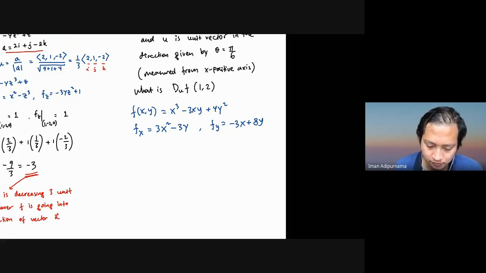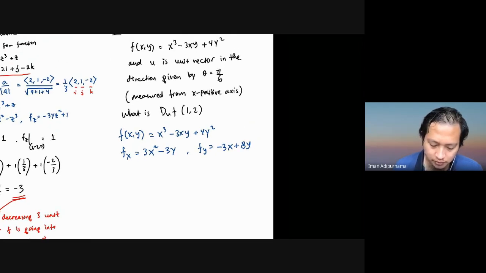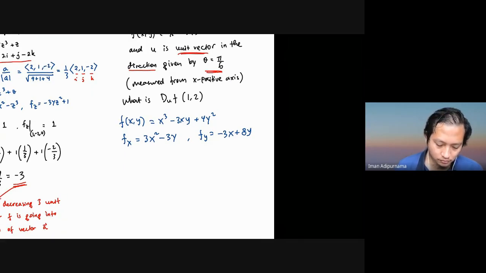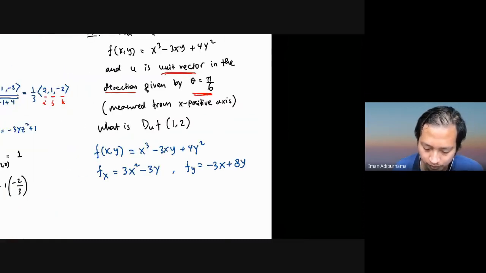Okay, now the direction is the angle pi over 6. So we need to use cosine and sine. Because it's a unit vector, x is r cosine, and the radius is just 1 unit because we are going to make a unit vector.